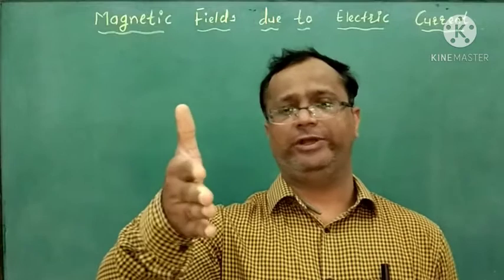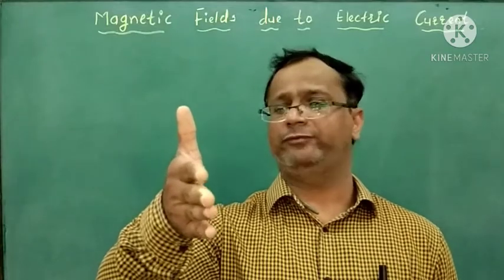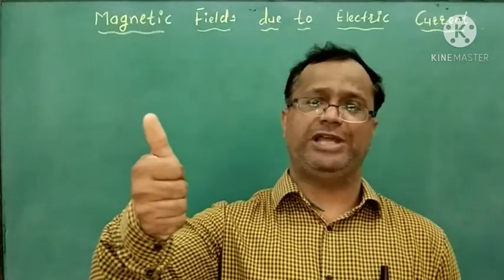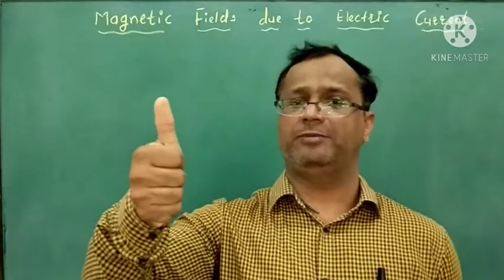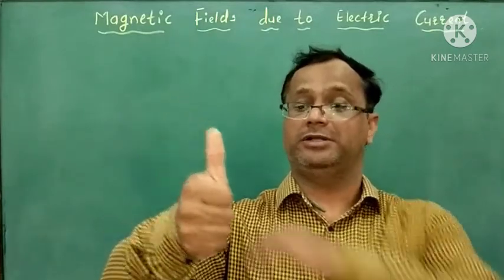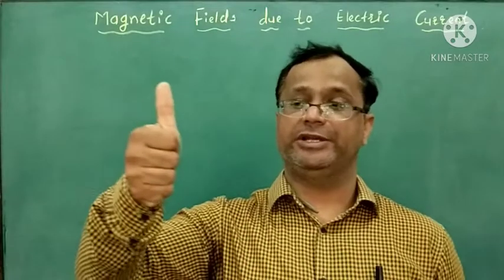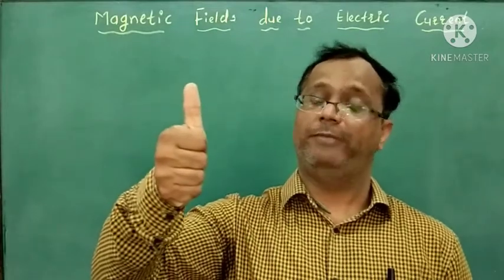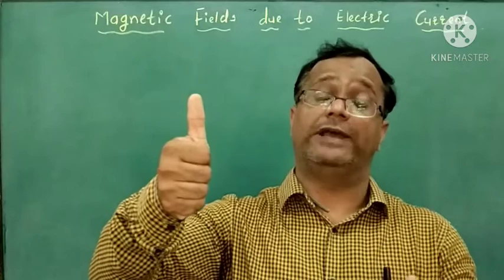Suppose you take one conductor and hold it in the right hand in such a way that if the outstretched thumb indicates the direction of flow of current, then the curled fingers indicate the direction of magnetic field, or vice versa.